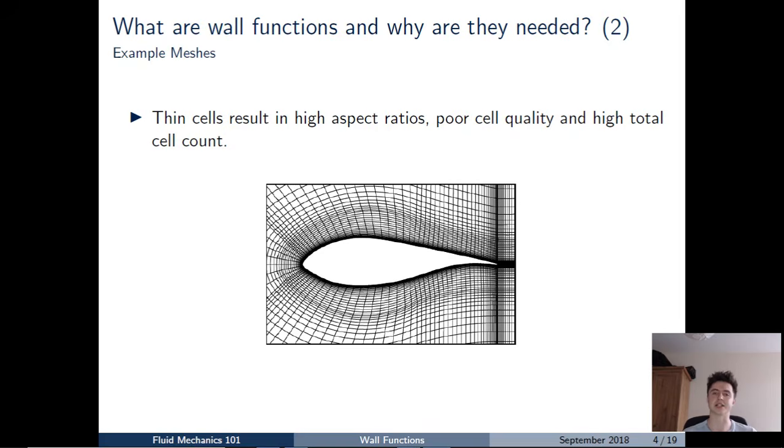Those cells in the wall normal direction are very thin, have a high aspect ratio, and if there's any skewness in those cells, then this can lead to poor cell quality. This is bad for our CFD solver because poor cell quality can lead to instabilities and perhaps even divergence, and the large number of cells that are needed to resolve those gradients increase the solution time.